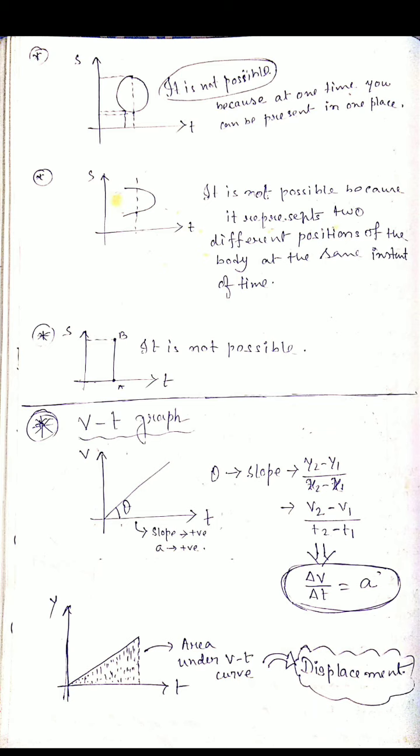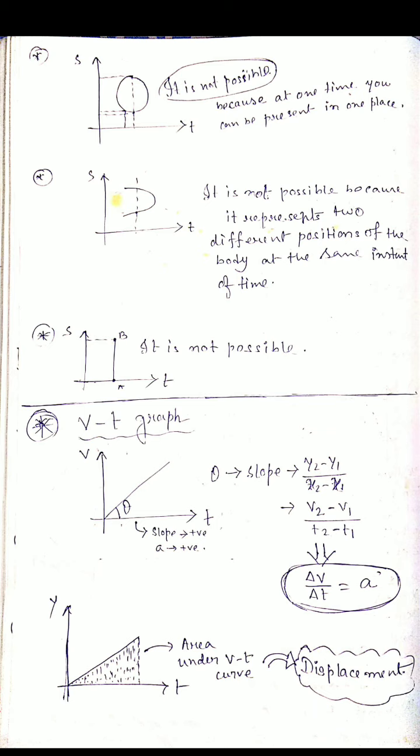Why is it not possible? Because one object is present in one place at one time, not in two places. But in this graph we see that the object is present at one time in two places. It is not possible.